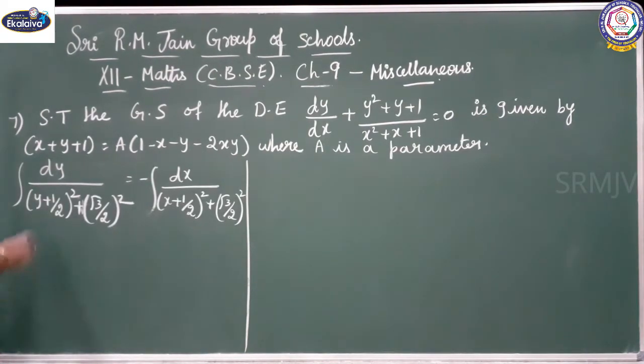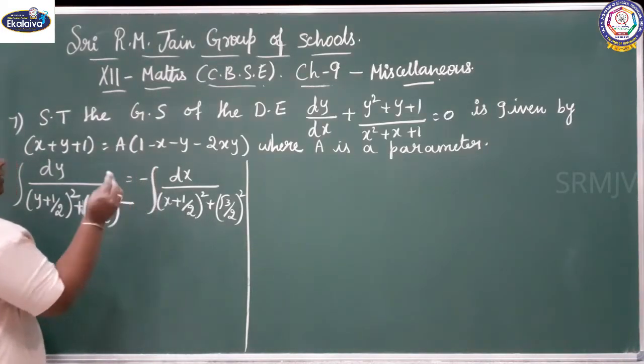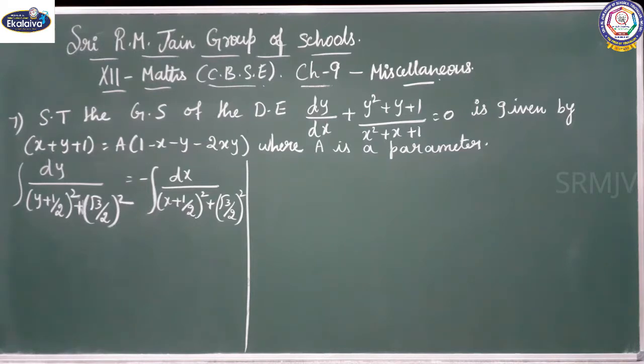See here, integral dy by y plus 1 by 2 the whole square plus root 3 by 2 the whole square equal to minus integral dx by x plus 1 by 2 the whole square plus root 3 by 2 the whole square.